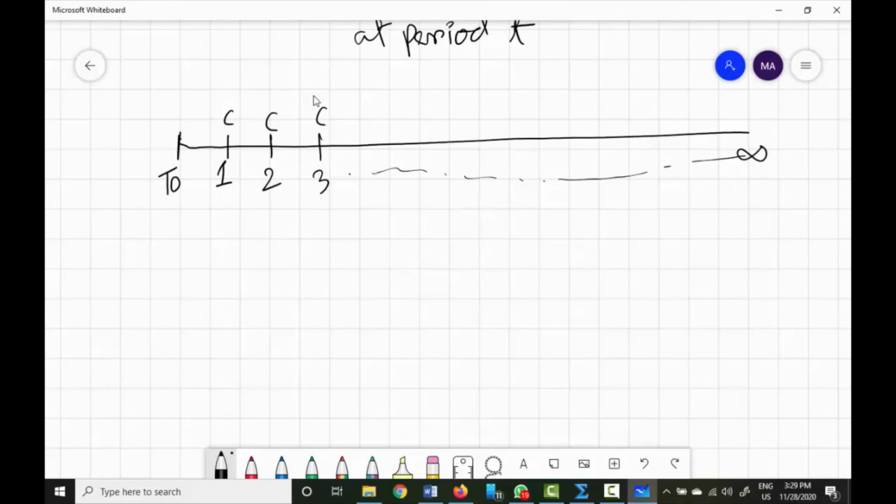So this is perpetuity 1. So this is T period. After T period also you will get C amount of cash flow. After T plus 1 period also you will get C amount of cash flow.